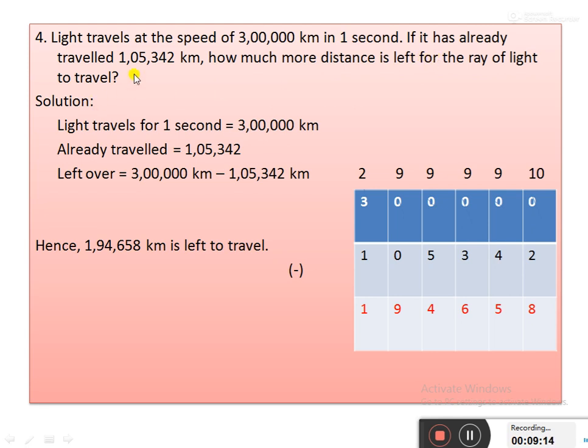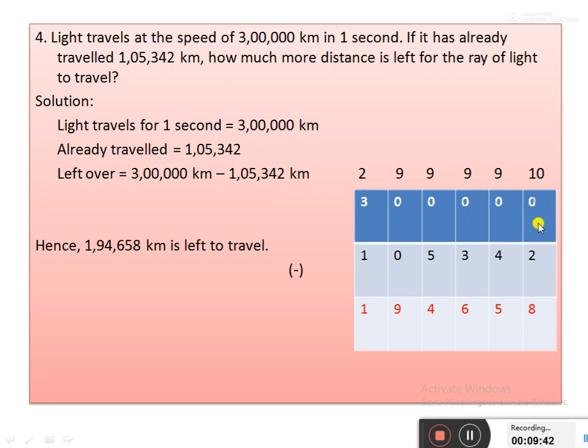Already travelled how many kilometers? 1,05,342 kilometers. What we are going to find is how much more distance is left. Left means remaining, so we have to do the subtraction. From the 3 lakh we have to subtract 1,05,342.